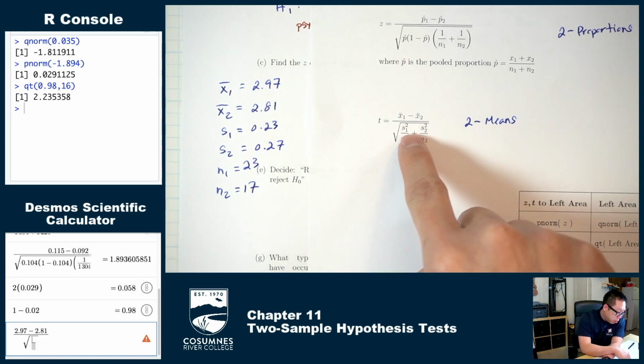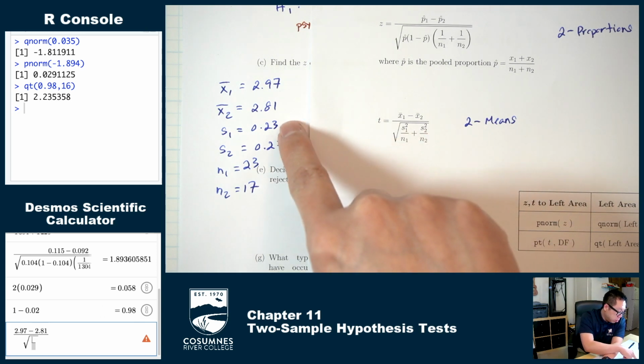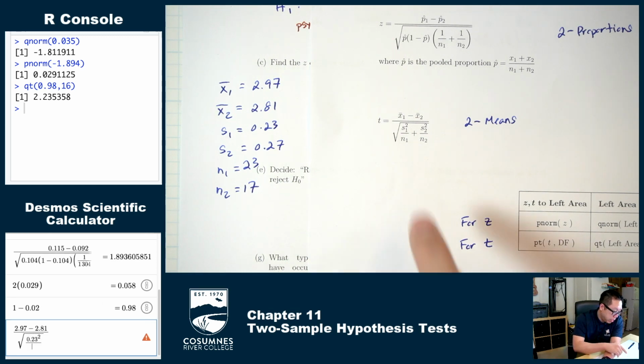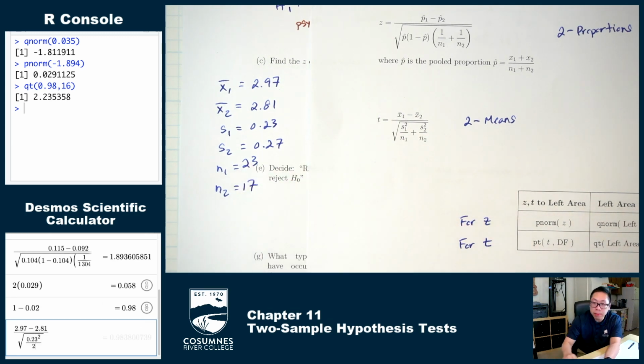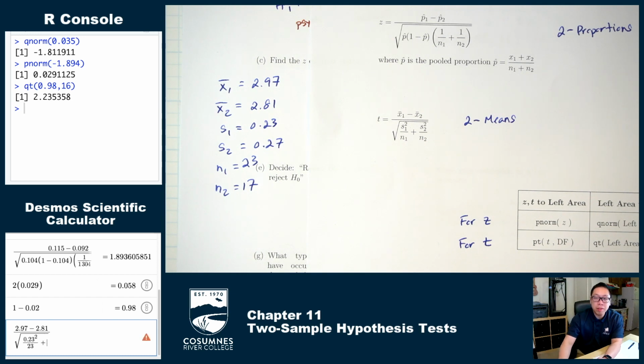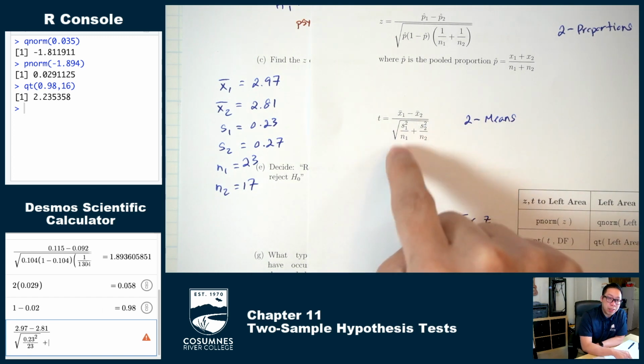First one, S1 squared over N1. S1 is 0.23, so 0.23 squared over N1, which is 23, and then plus. So here, move your cursor just to the right of that fraction and hit plus. If you move too far and hit plus, that plus is going to be outside of that square root, which you don't want. You want everything inside the square root.